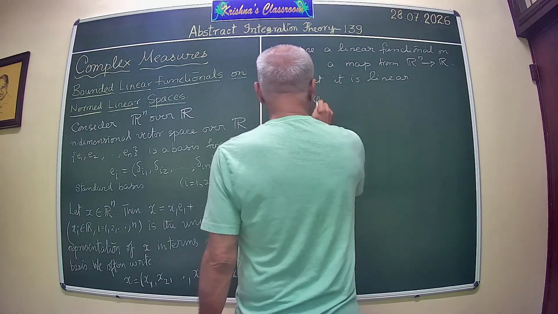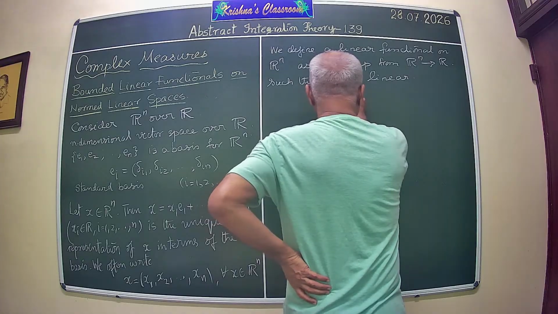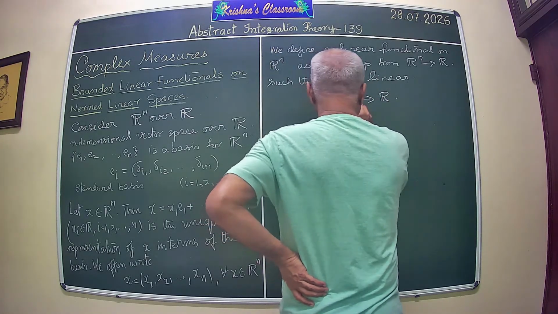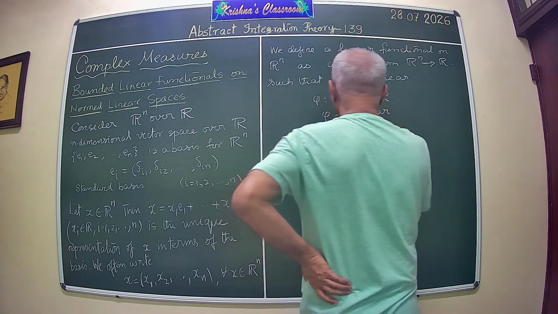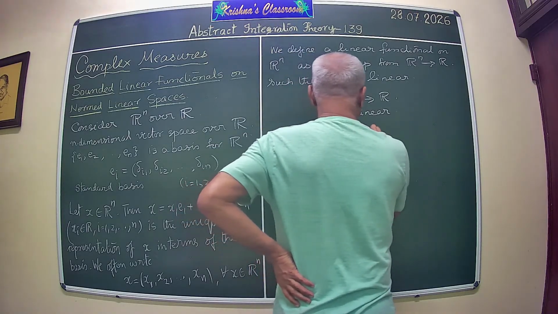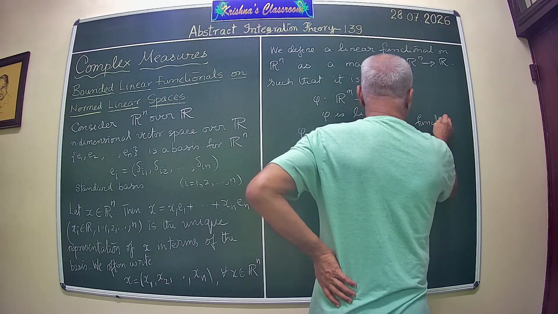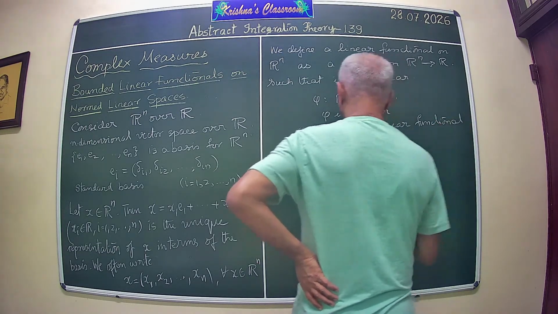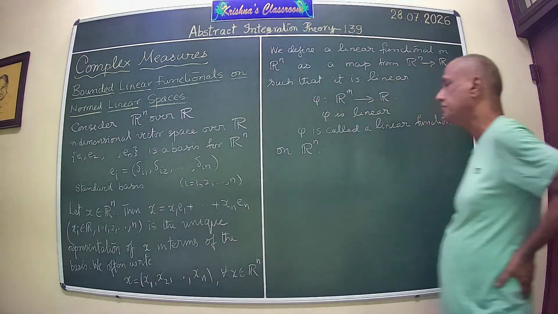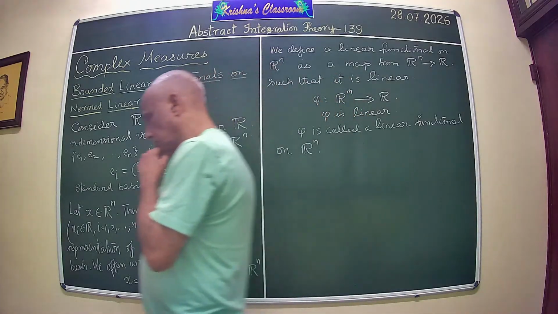That is, there is a map phi from Rn to R. If phi is linear, then phi is called a linear function. Okay.